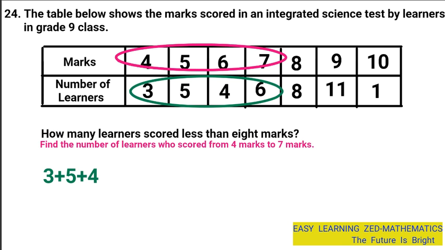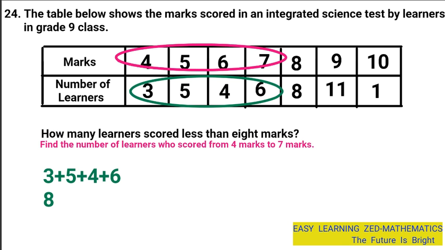We're not going to add anything from 8 up to 10, because we are told to find the number of learners who scored less than 8 marks. So we're going to start adding. 5 plus 3 will give us 8, plus 4, plus 6.